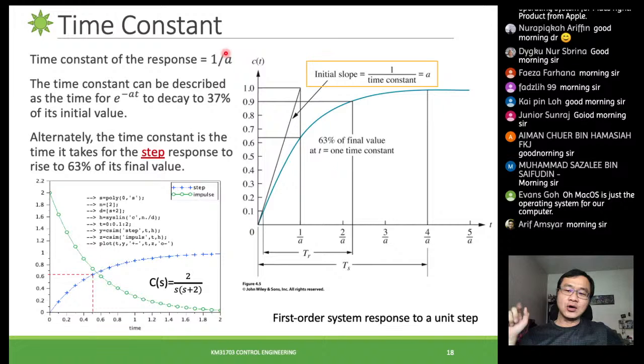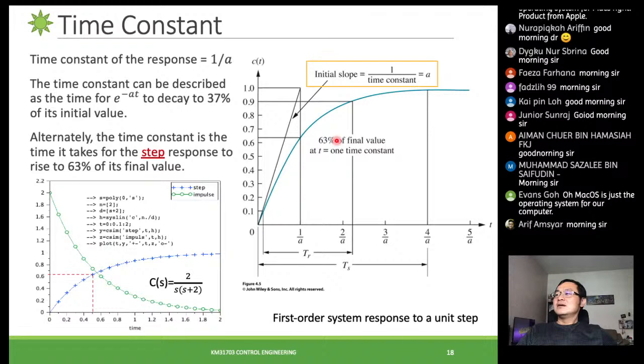Alright, we always remember the time constant is 1 over a, and when time equals to 1 over a, what happens is that it's actually 0.37. Okay, remember 0.37, which is 37% more before it reached the final value.